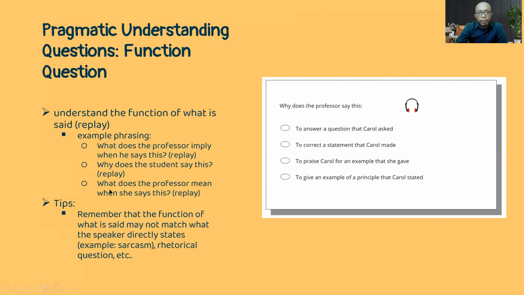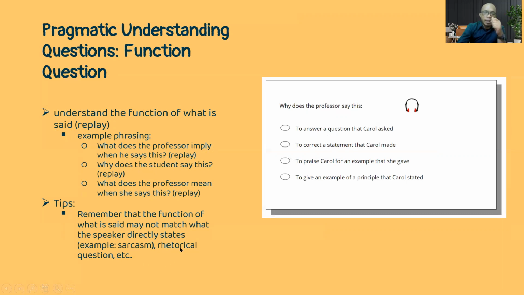Now, for this type of question, the tip is simple. Remember that the function of what is said may not match what the speaker directly states. Okay, so sometimes when someone says I'm happy, it doesn't always mean that they are really happy. Sometimes there is sarcasm, so it's a hidden function, for example.